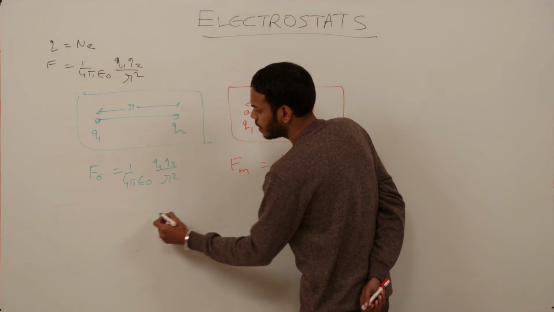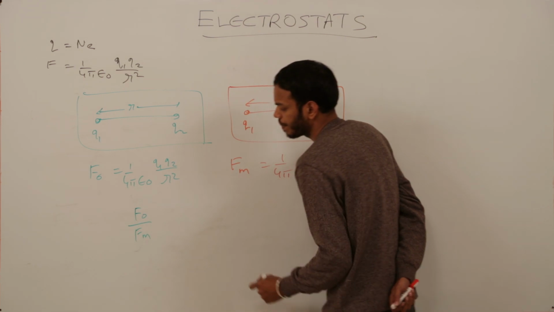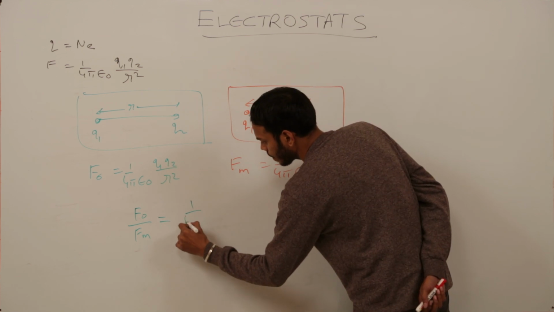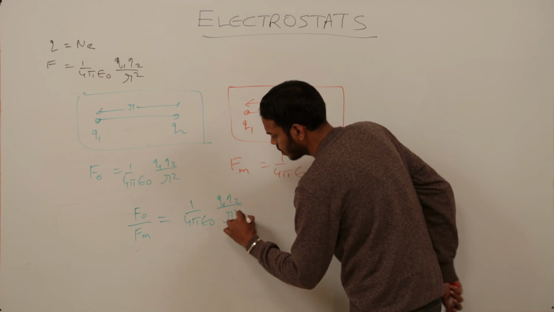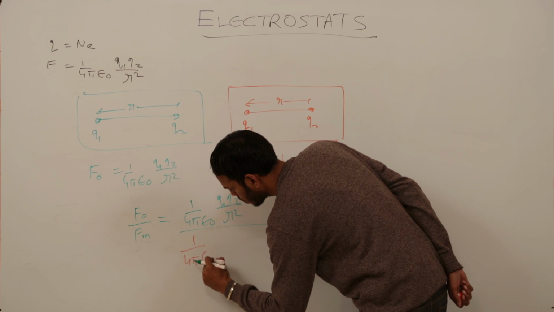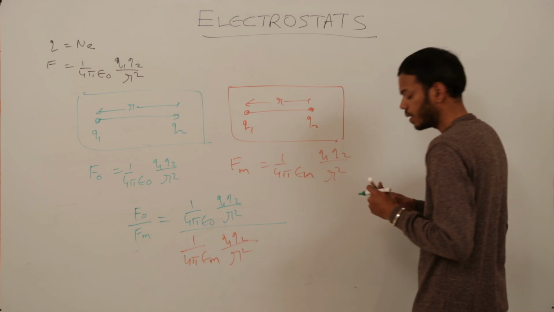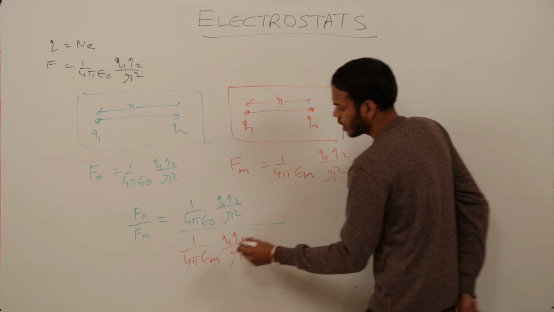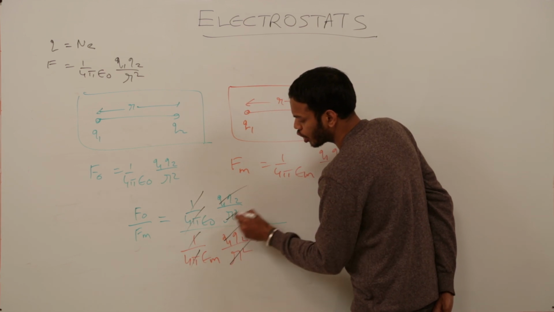What if you divide F naught upon Fm? Cancel out all the common things. 1 upon 4 pi got cancelled out, q1 q2 upon r square got cancelled out.